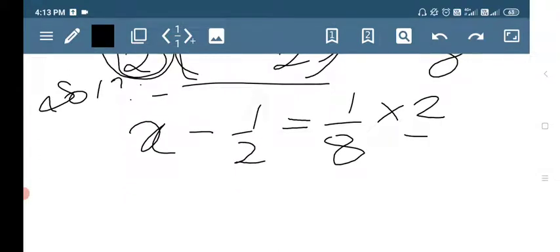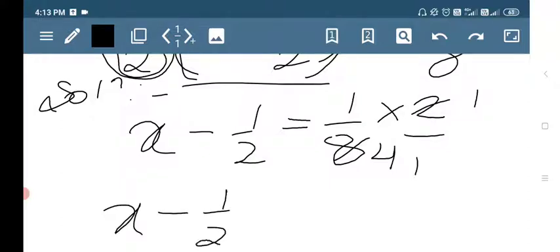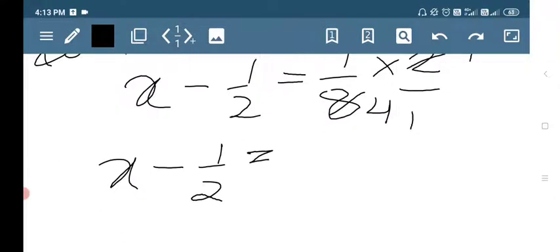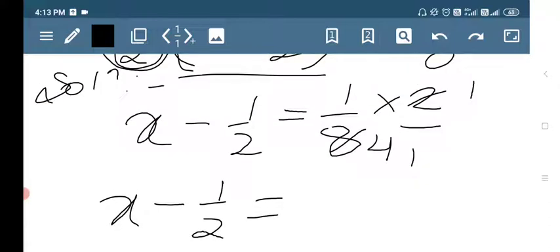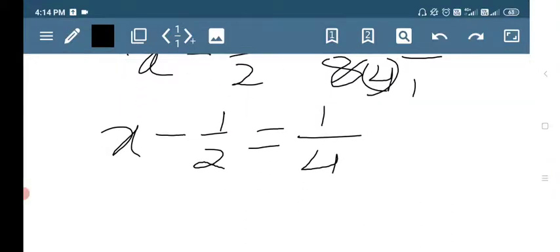If there is nothing in the denominator, we can take 1. Now 2 1s are 2, 4 1s are 4, after cancelling. So now x minus 1 by 2 is equal to 1 by 4.